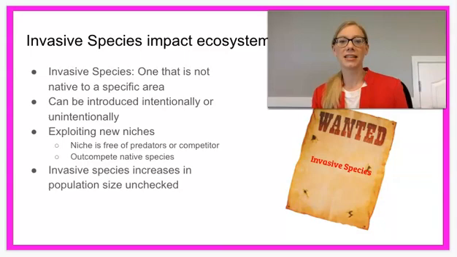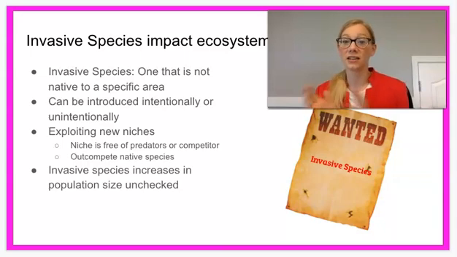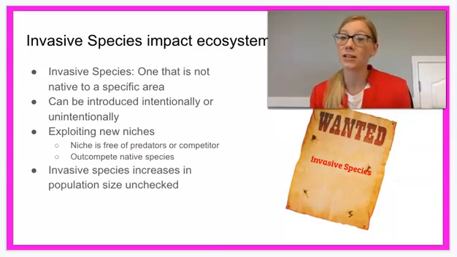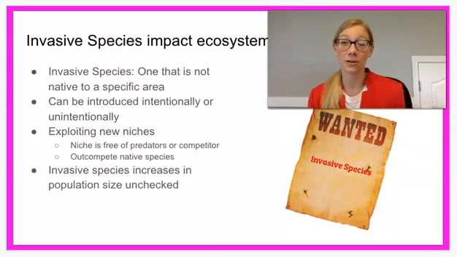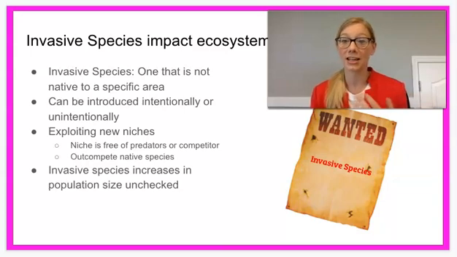So it can find a niche where there's kind of an open space, a free niche of predators or competitors, and it can fill that space. But it can also outcompete native species. Sometimes it can actually be more fit for a given environment, and we can see it take over native species, or species that should be there, because it can outcompete them.